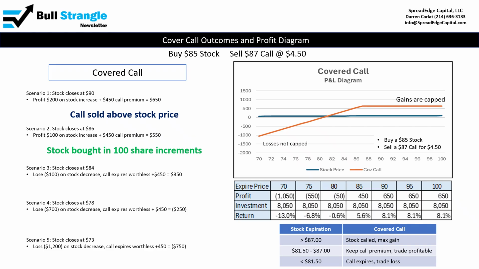And in this case, as in the other examples, we have an $85 stock and an $87 call that we are selling for $4.50. So as in the other examples, our profits are capped once we achieve $87. Anything above that, we're still getting the same profit of $650. Our break even is $81.50. And of course, as you go down, our losses are not capped. And then you can see at the bottom the variety of outcomes that there are.